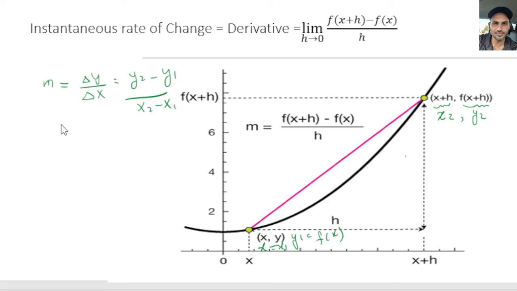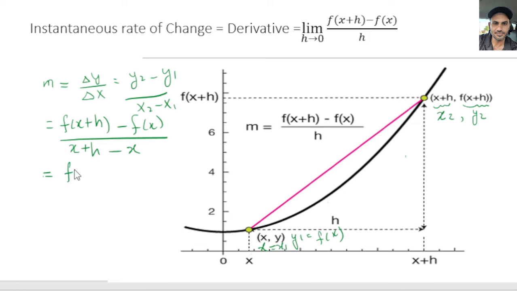Now let's plug this in. y2 is f of x plus h, minus y1, which is f of x, divided by x2, which is x plus h, minus x1, which is just x. Then we simplify.